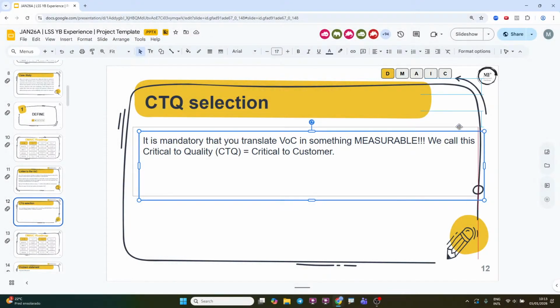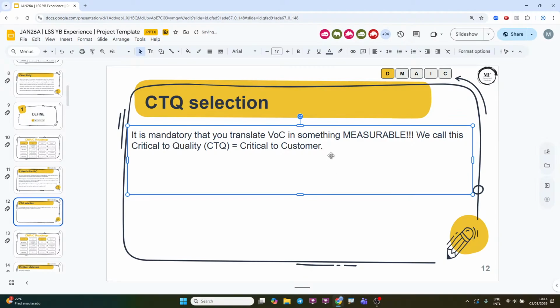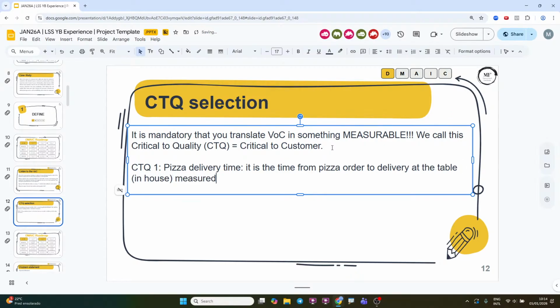It is the time from pizza order to delivery at the table, in-house, measured in minutes. Are you guys following me?